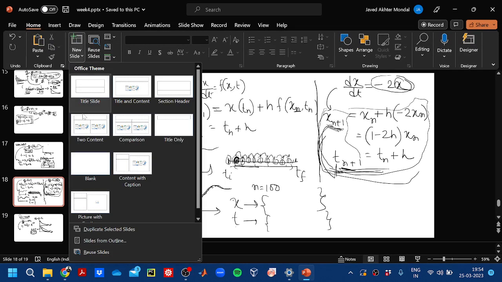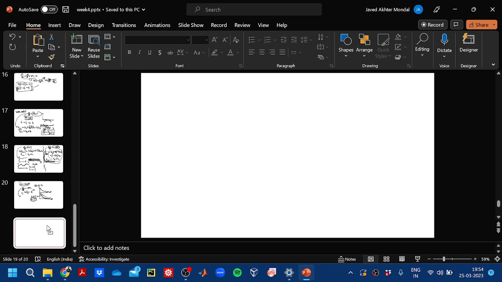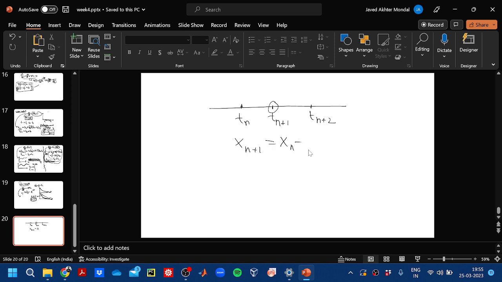So let me clarify this here. Suppose this is Tn, this is the n plus 1 point and n plus 2 point. So when we are evaluating the Euler algorithm here, what will we write? We will write x at n plus 1 equals xn plus h f of Tn, xn, and Tn plus 1 will be Tn plus h.